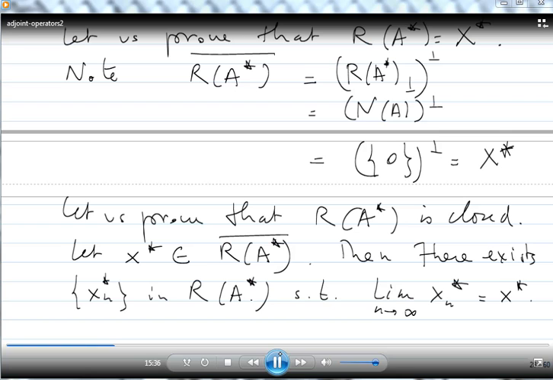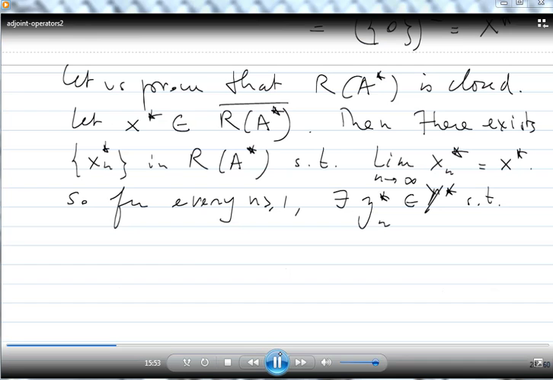By definition of the range, for every n there exists yn star in Y star such that A star of yn star equals xn star, which is equivalent to saying that yn star composed with A gives me xn star.